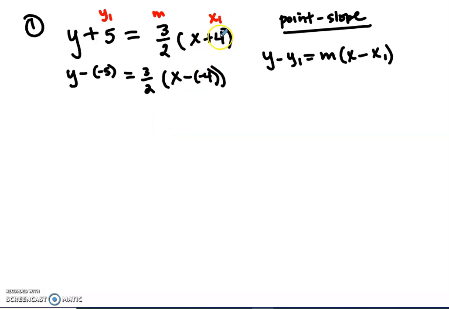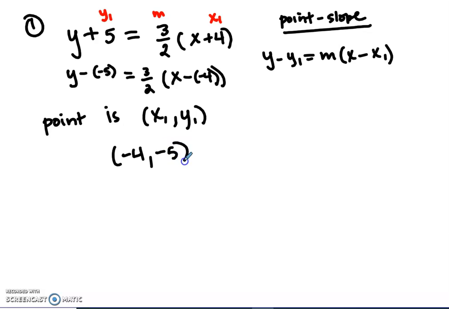So our x1 isn't 4, our x1 is negative 4. So a point on our line is x1, y1, which on our line here is going to be negative 4, negative 5.